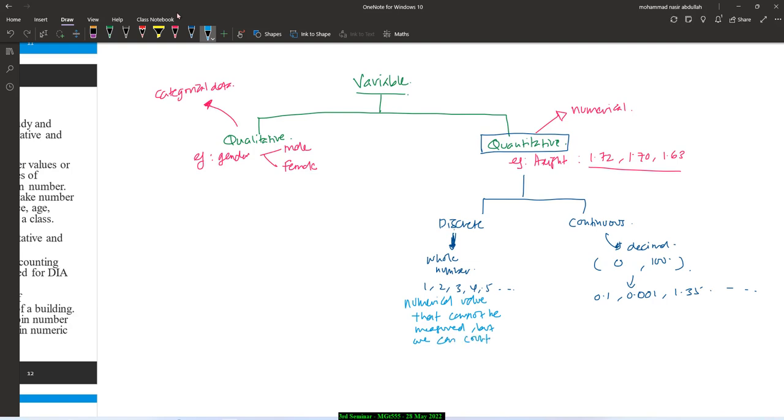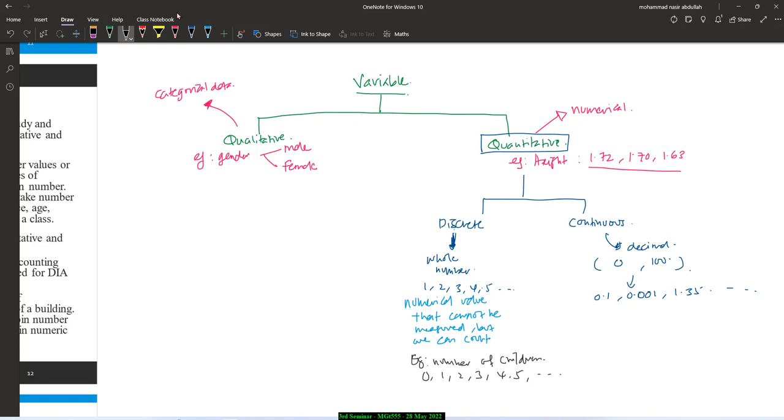For example, number of children, either 0, 1, 2, 3, 4, 5, and so on. Number of accidents, number of students, right? Something that we cannot measure, but we can count. So it lies under quantitative.